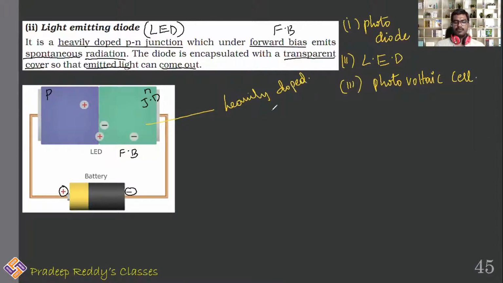As this junction diode is heavily doped, the number of electrons and number of holes are usually greater than in a normal junction diode.